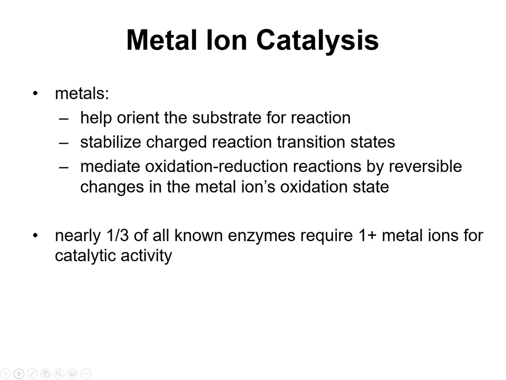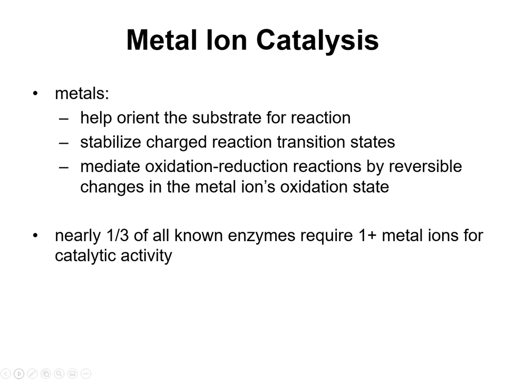So, metals can do a lot of different things. They can help orient substrates by providing interactions. Stabilize charge. So think about it. You always have ions, iron 2 plus, iron 3 plus, calcium 2 plus. All of those are charged ions, and they can help stabilize a charged intermediate.